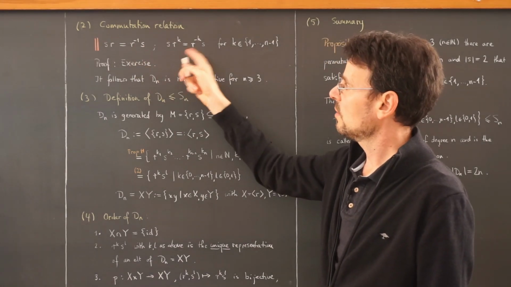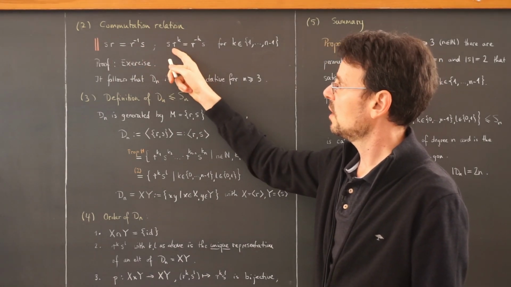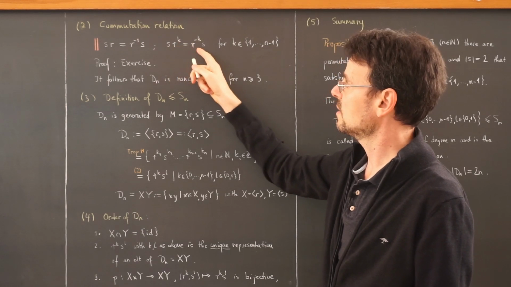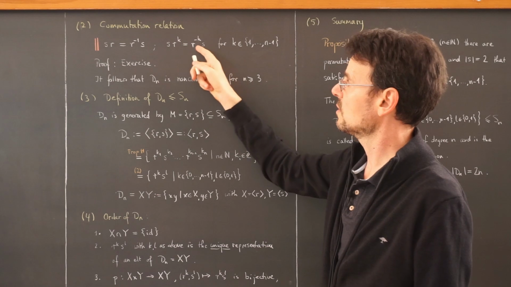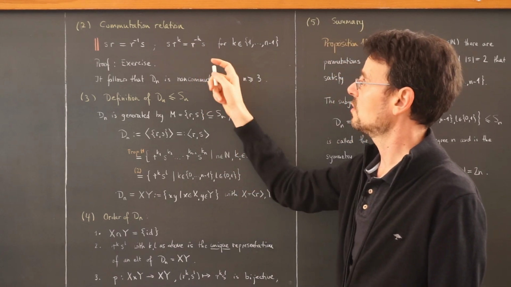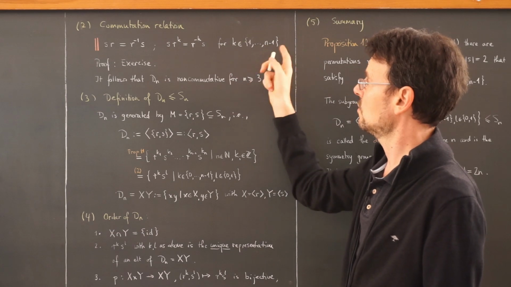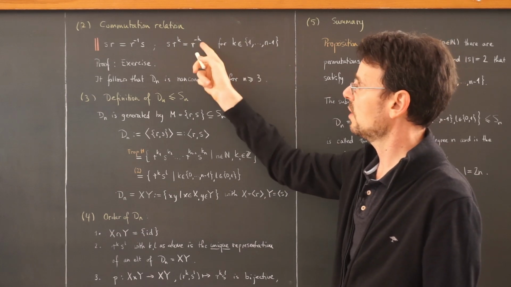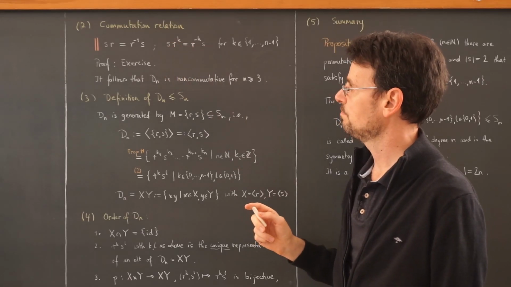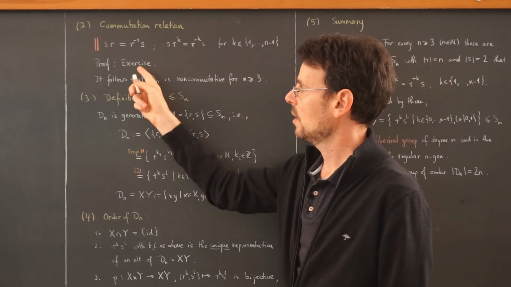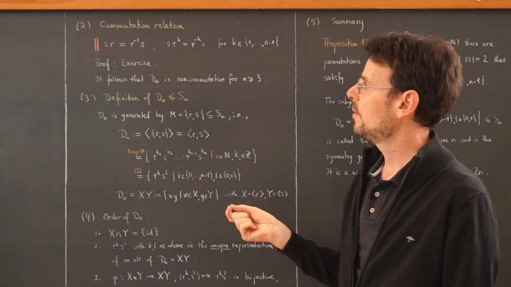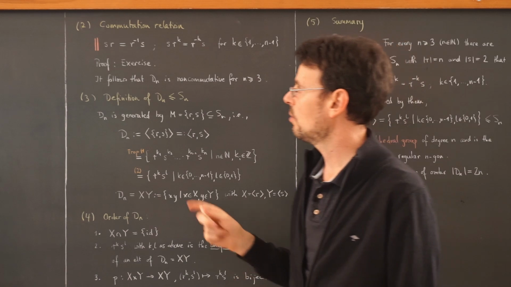And this can be generalized to this commutation relation. S composed with the kth power of R is the same as the inverse of the kth power, or R to the minus k, composed with S for every such k. Of course also for k equals 0, but then it just says S equals S. Exercise, very important to do that on your own on the next problem set.